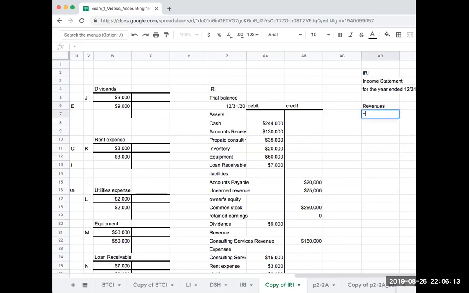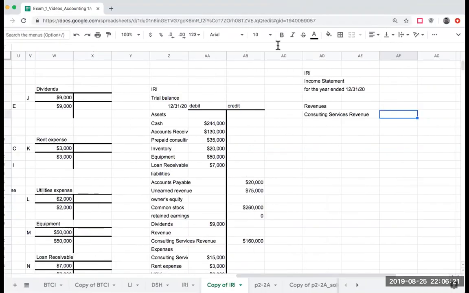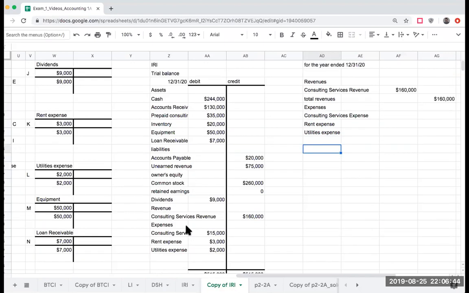Okay, so over here, I've got consulting services revenue, and this amount here is going to be 160,000. So my total revenues are going to be 160. For my expenses, I've got consulting services expense, my rent expense, my utilities expense, and those were my 3 expenses. So over here, I'm going to have 15 plus 3,000 plus 2,000.